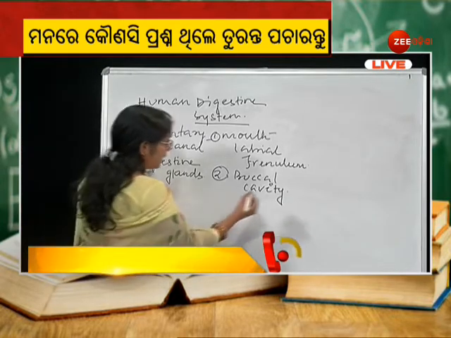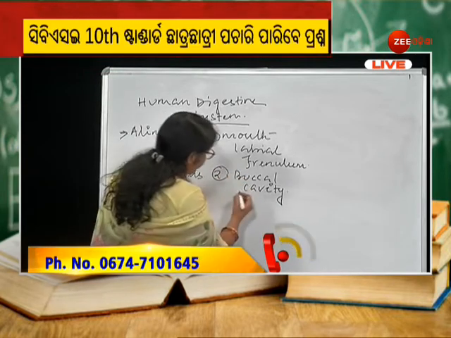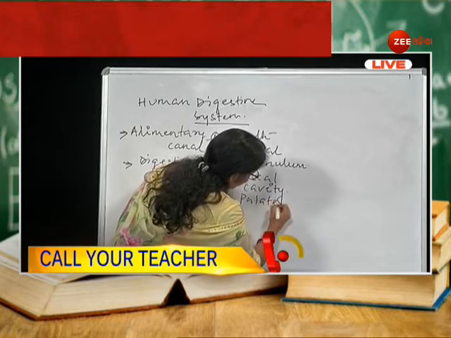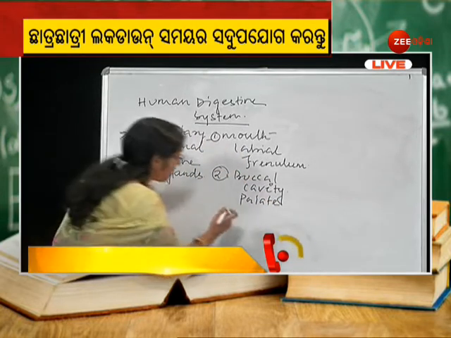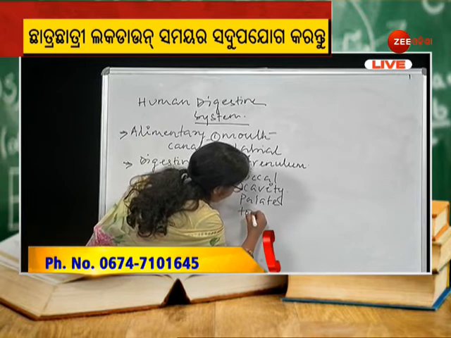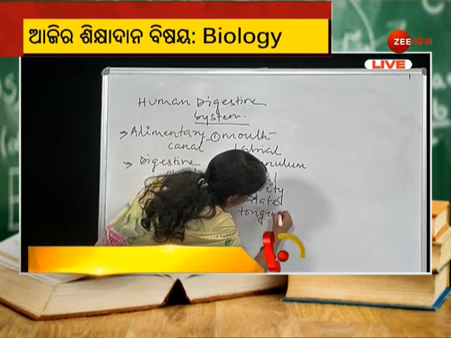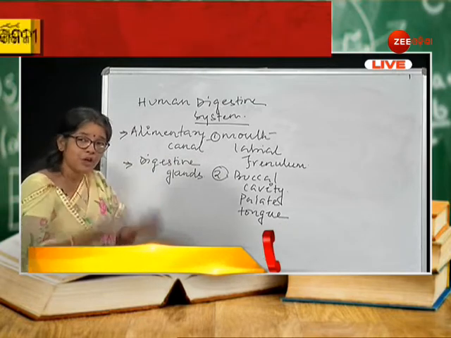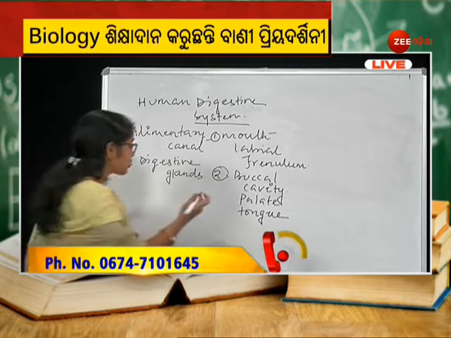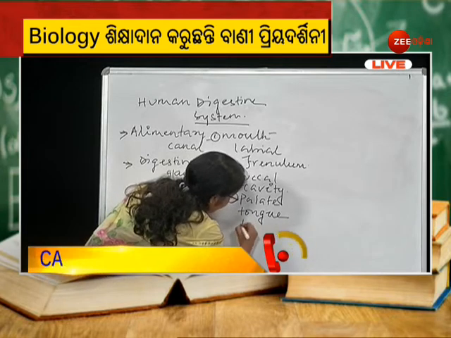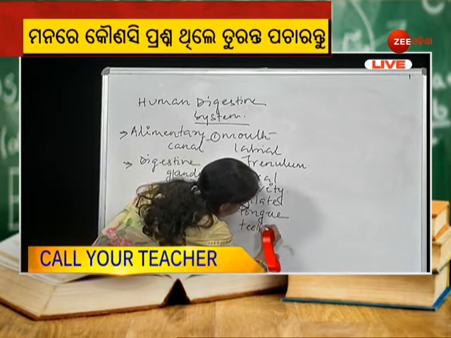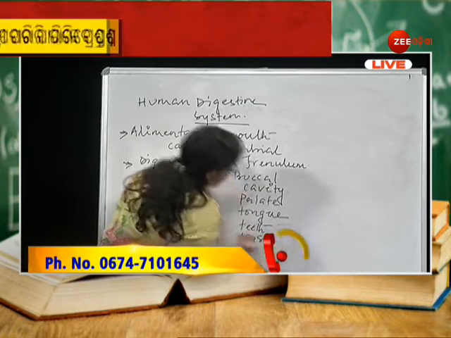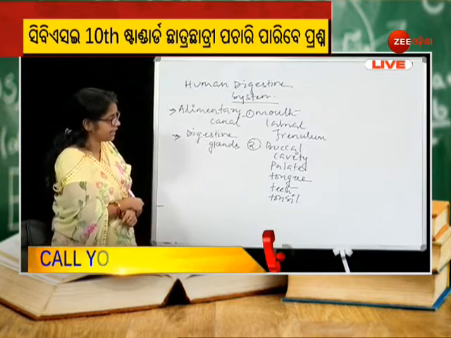For example, the roof of the buccal cavity is formed by the palate, the floor is formed by the tongue, the lateral sides are formed by the cheek, and along with this there is also the presence of teeth and tonsil. So these are the different parts present within the buccal cavity.